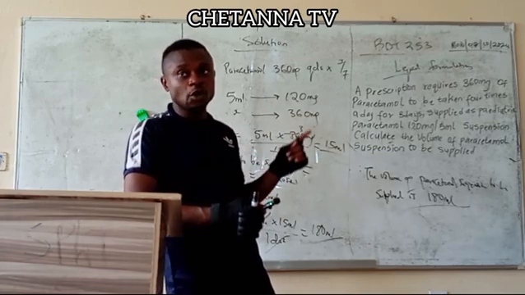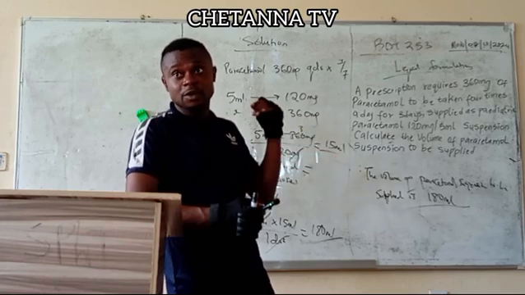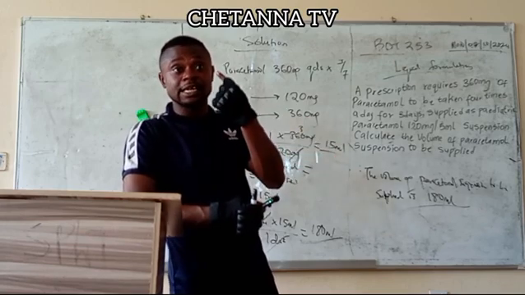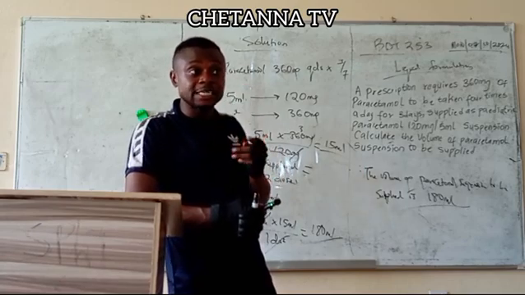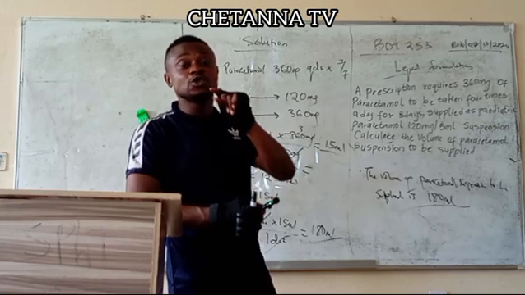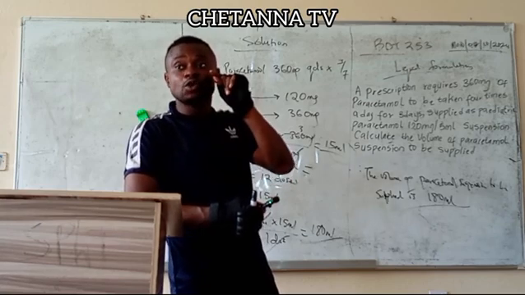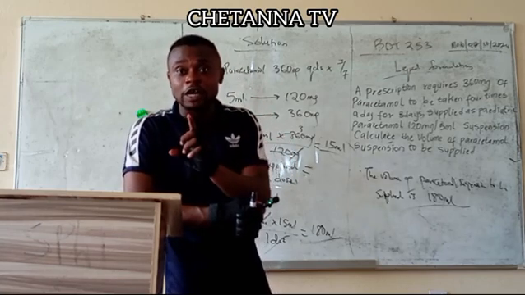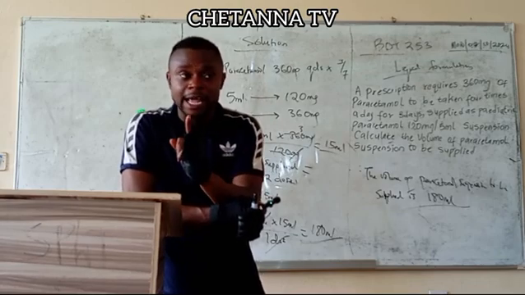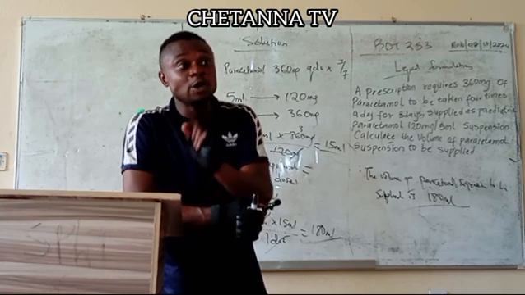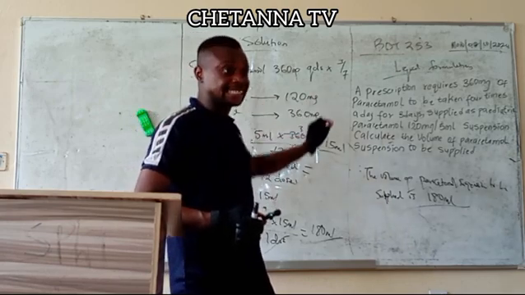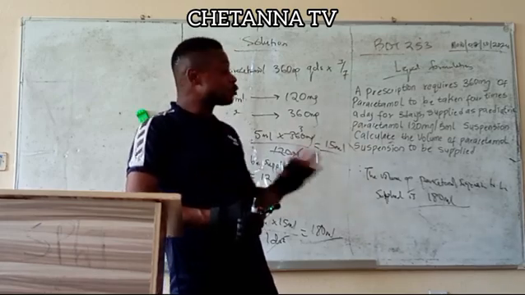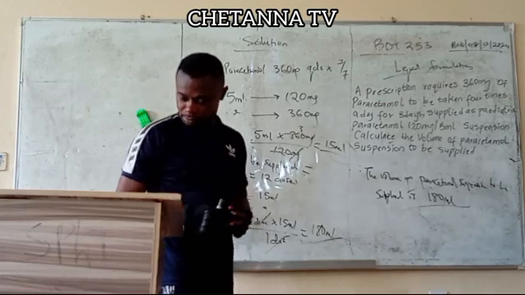As I said, the dose is what the patient needs, while the strength is what the manufacturer presented. So it's now you that will know how to manipulate the whole thing and do your calculation to get the amount of what the manufacturer presented that will deliver what the patient needs. Am I communicating? That's what this is all about.